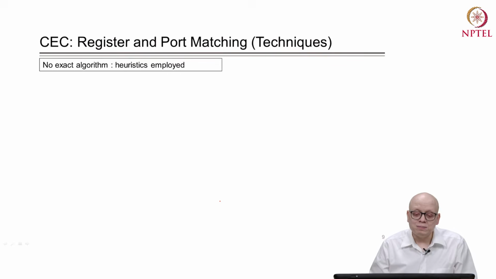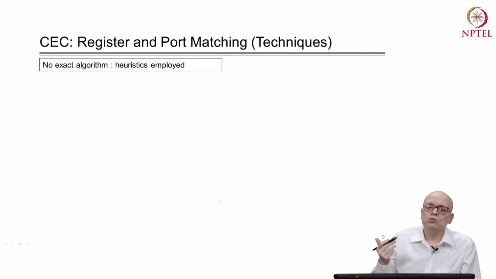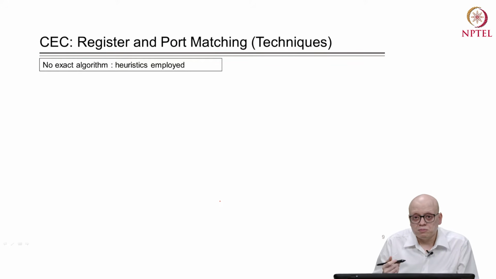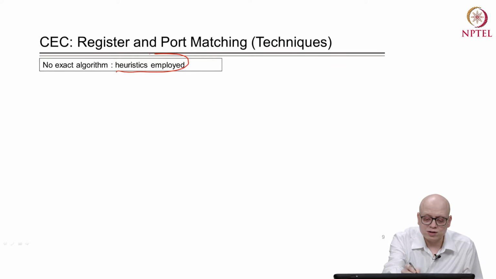Now, how do we establish this correspondence? Typically, there is no exact algorithm to establish the correspondence between various circuit elements in two models. What we take help of is some heuristic-based algorithm.